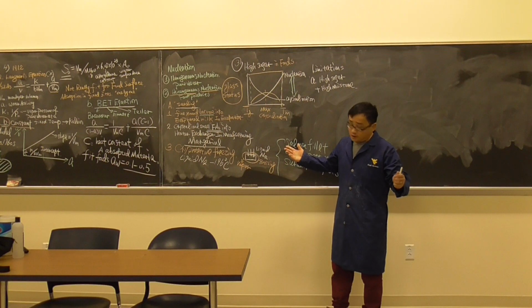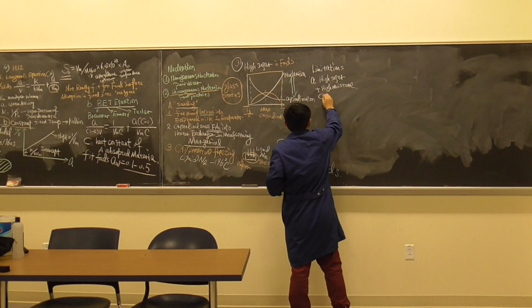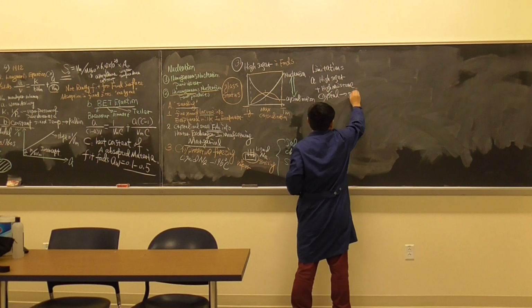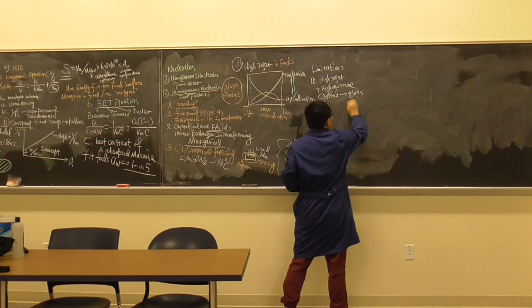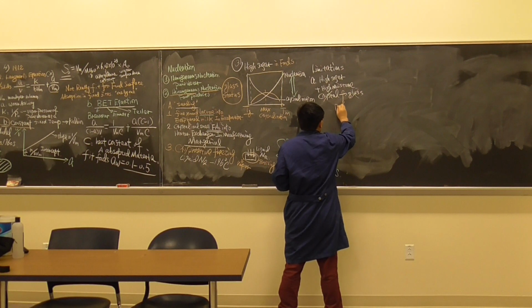Why? Instead of going to glass status, let's say we don't have a crystal, okay? We go to glass status. Originally, they don't go to glass status. They go to some status right in the middle, called a rubbery status.